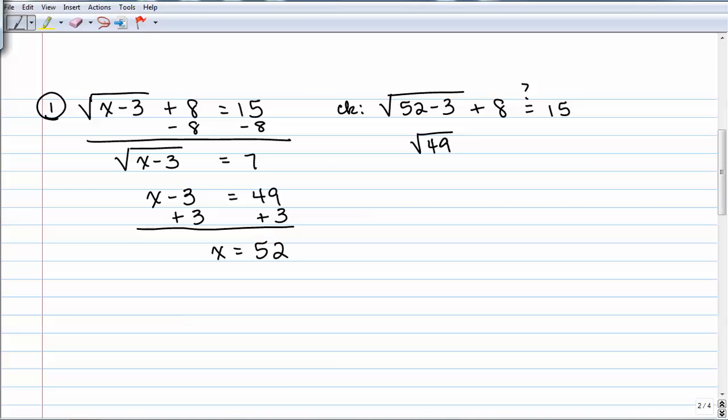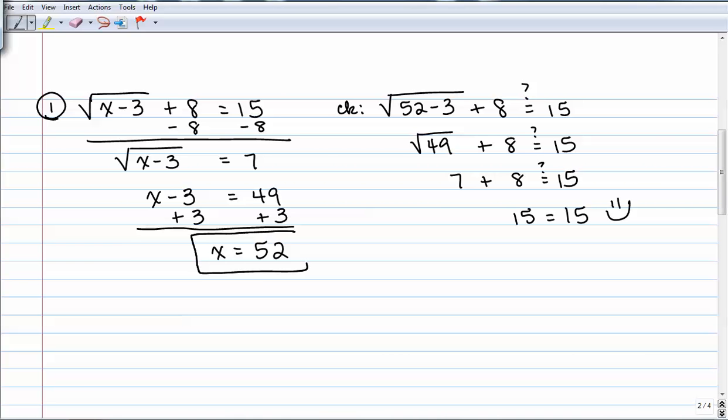Is the square root of 49 plus 8 equal to 15? Is 7 plus 8 equal to 15? Indeed it is. So my solution checks. So my answer is x equals 52.